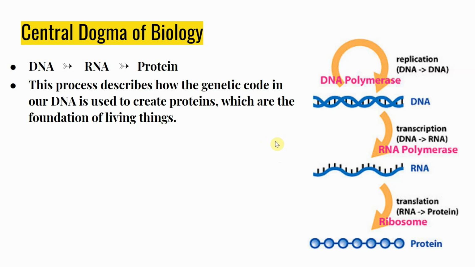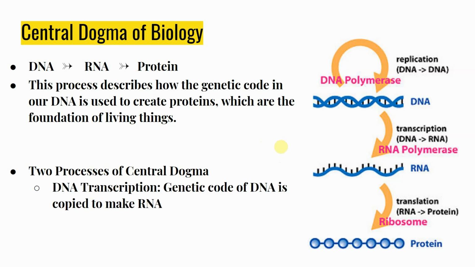So it's a really important topic and one that we're going to spend a bit of time on explaining how this process happens. And there are two main processes that we break the central dogma into. The first one is what we call DNA transcription. When we transcribe something, this process of transcription basically means copying something. We are going to be making a copy.